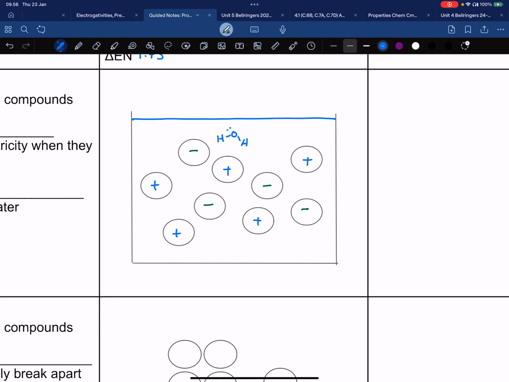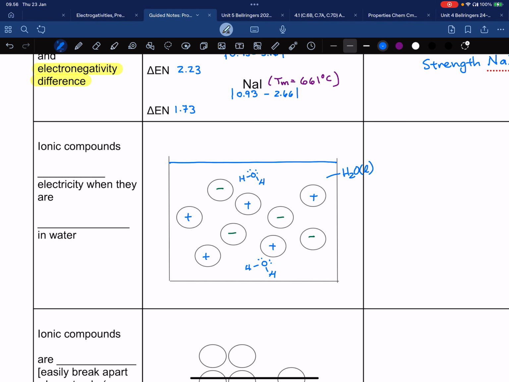Everywhere, water molecules. So we are surrounded by water. H2O liquid. So that breaking apart that they do, that is what we call dissolving, right? They are dissolving.